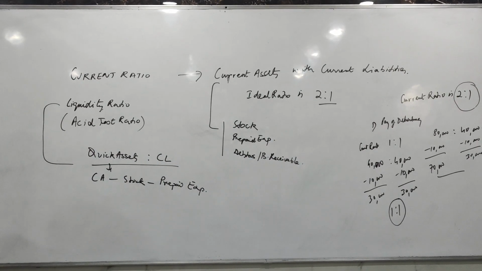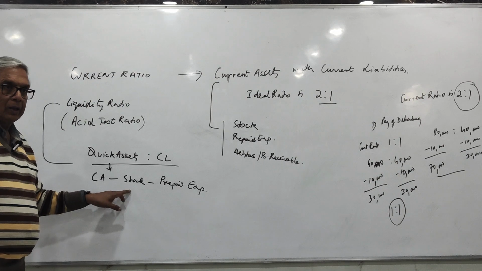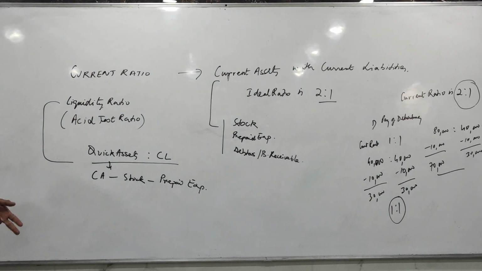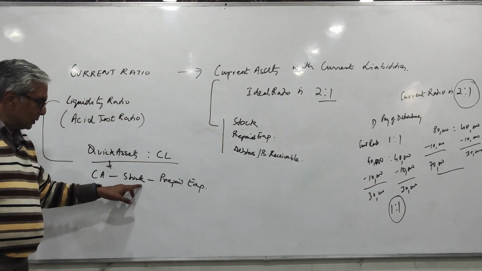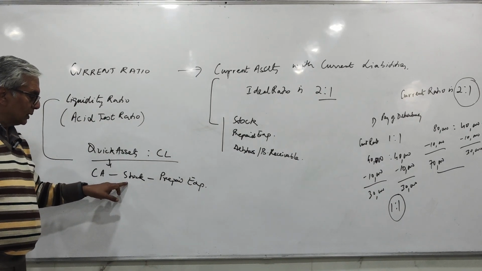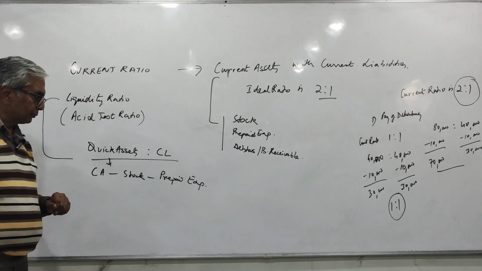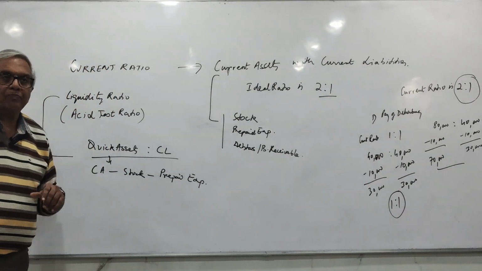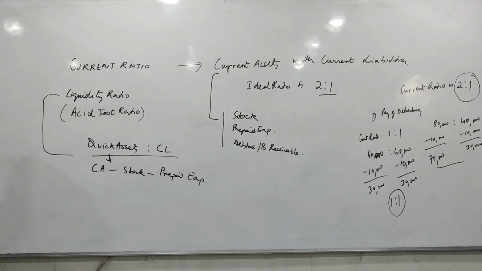It is very difficult to liquidate stock. You sell stock, you will have debtors, you will have bills receivable, then you will have cash. So this item of current assets does not get converted into cash very quickly. And prepaid expenses are those expenses which you have paid in advance. They will not be converted into cash.